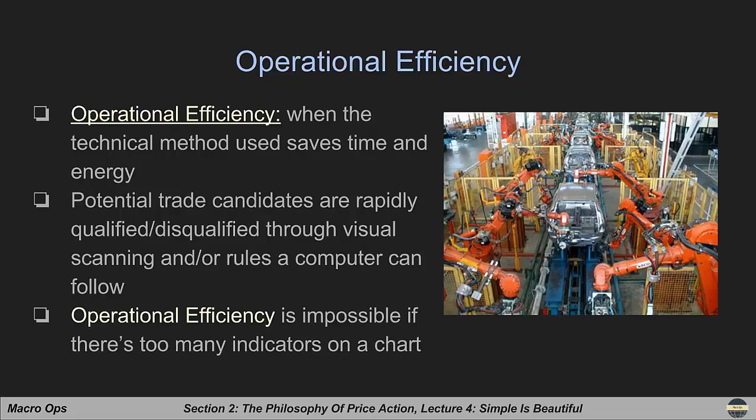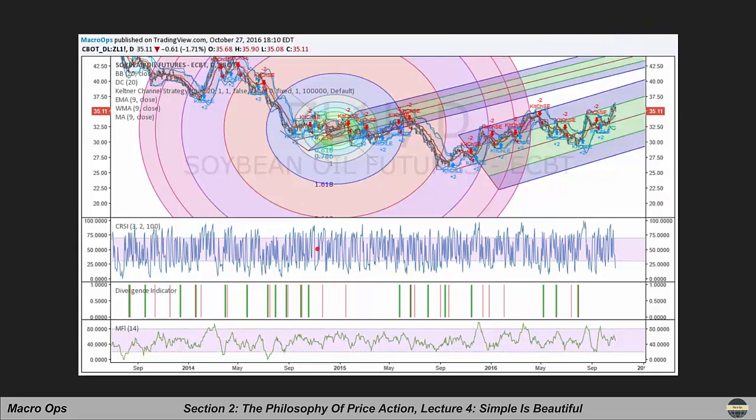Operational efficiency is impossible if there are too many indicators on a chart. You just can't do it. If you have a chart that looks like this, where I don't even know what all this stuff is, CRSI, divergence indicator, I just put a bunch of the indicators that were available in our chart package on here. I really can't believe that some people actually use this stuff.